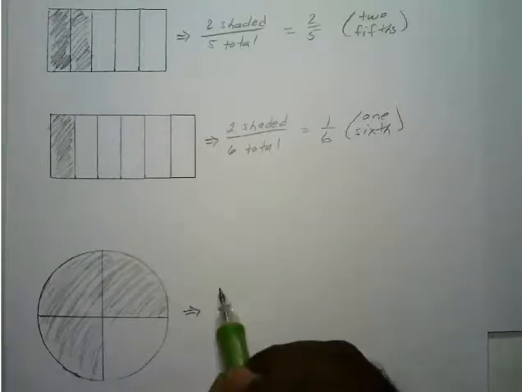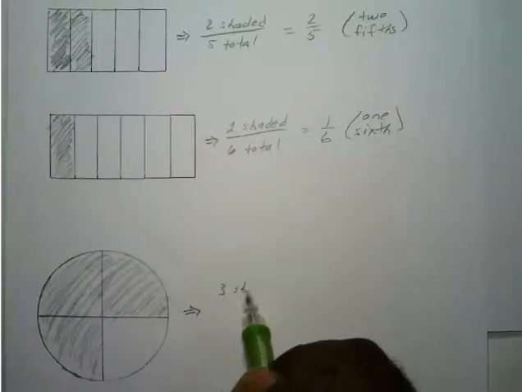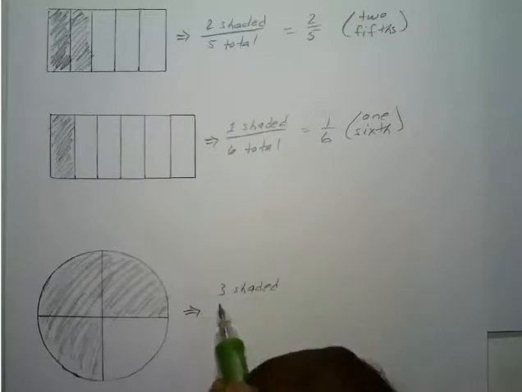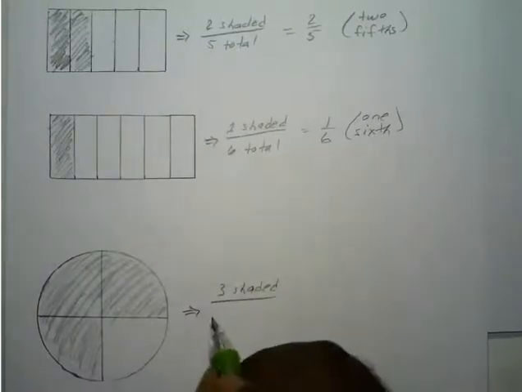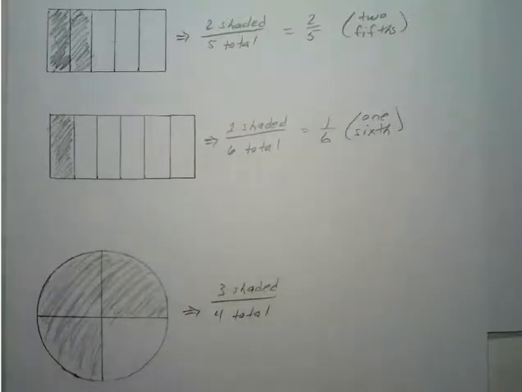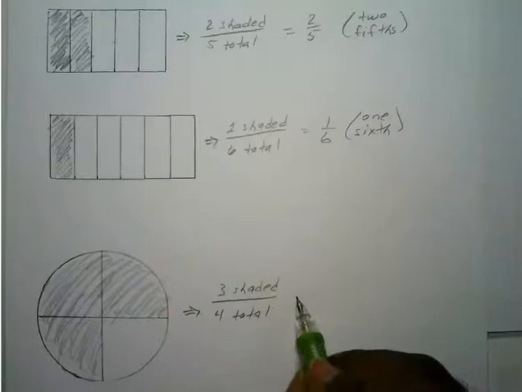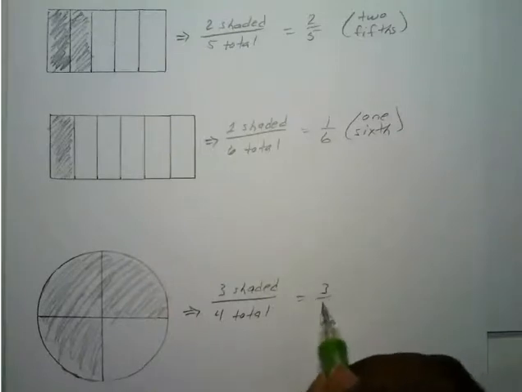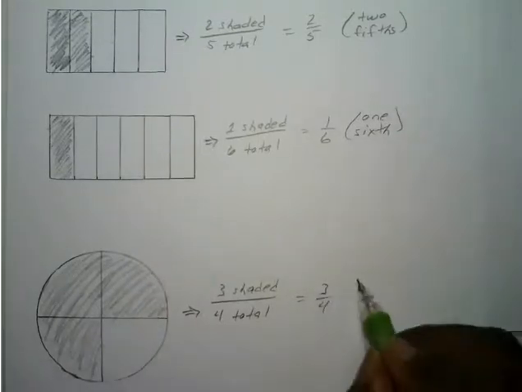So once again, we have 3 shaded sections and 4 total sections. That means this fraction will be represented by 3/4.